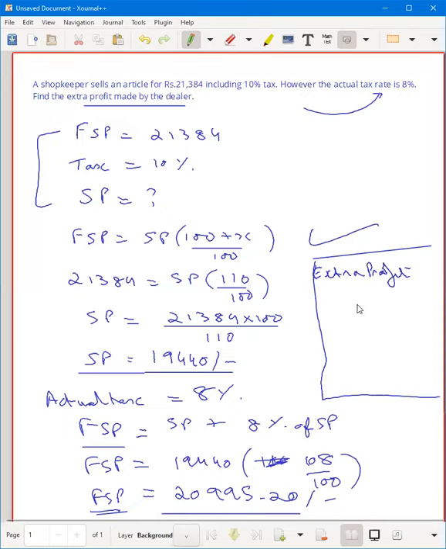So what is the extra profit here? 21384, which was the final price paid including a 10% tax, minus 20995.20, which works out to be 388.80. Right?